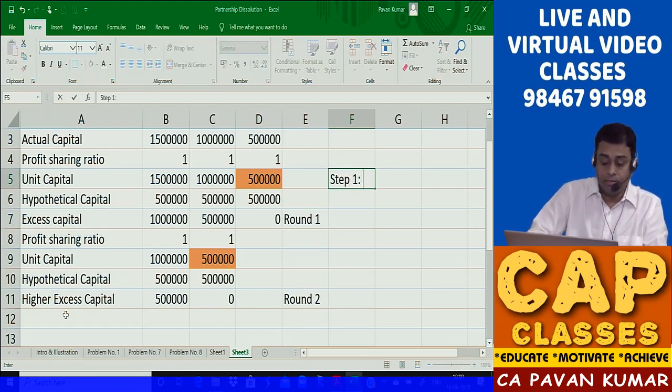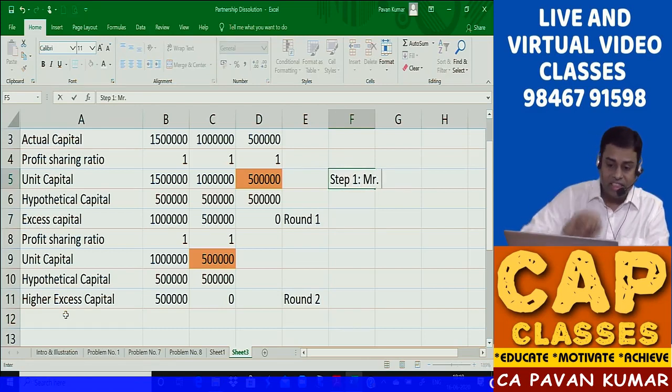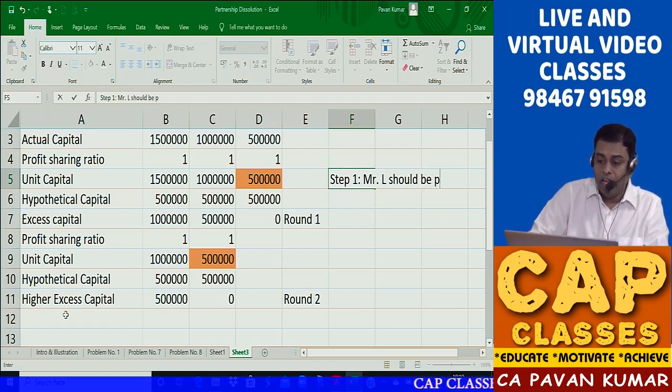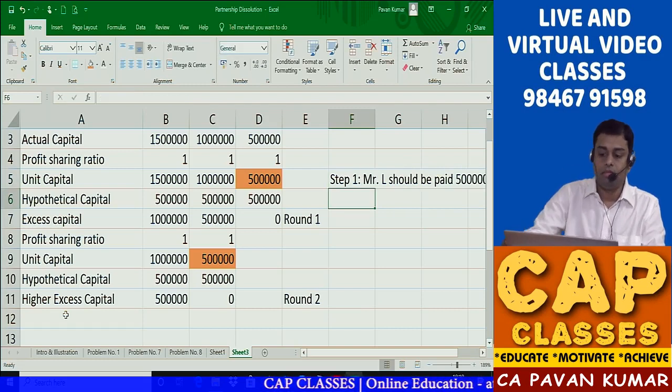Step 1: Mr. L should be paid 5 lakhs first.